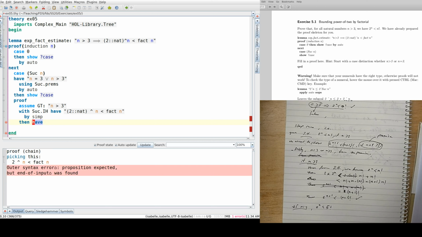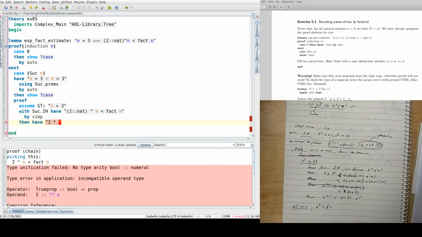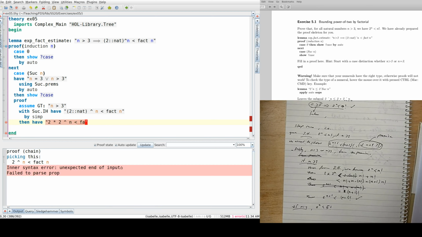So I can say also then have something, which means that I want to prove this new fact, knowing that I have proven the previous fact. So I want to prove this fact using this fact, basically. So here the new fact is 2 times 2 to the n is smaller than fact n plus fact n.